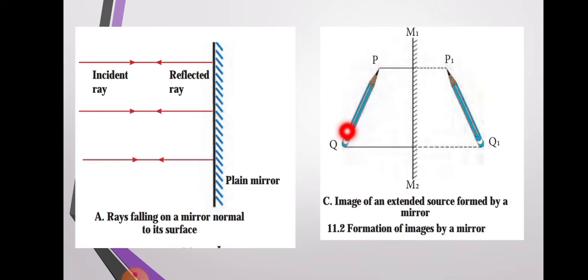So what happens? We will see its reflection in the mirror. But here you can see, is there any change in the pencil? No, there is no change in the pencil. The pencil is the same, its size is also the same. So the object never changes when we look into the mirror. Just as we stand in front of the mirror, in the same way we see our reflection. From this you understand that the size of the object remains the same when we look into the mirror.